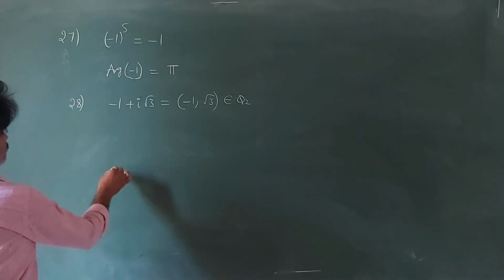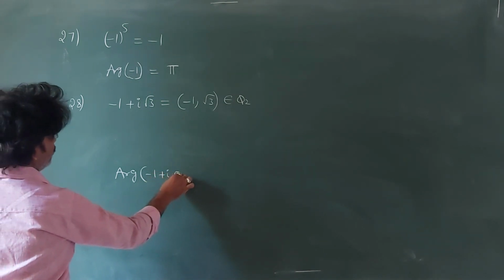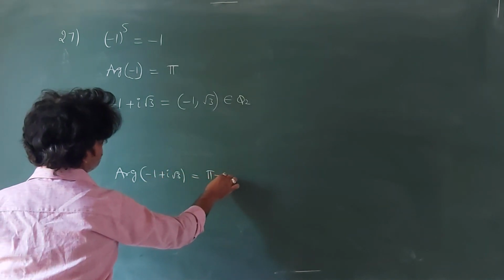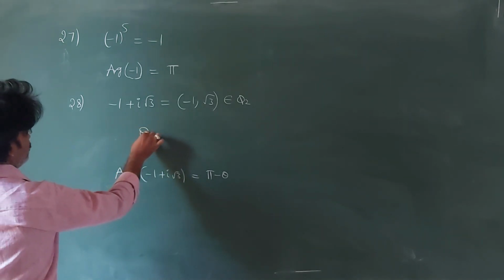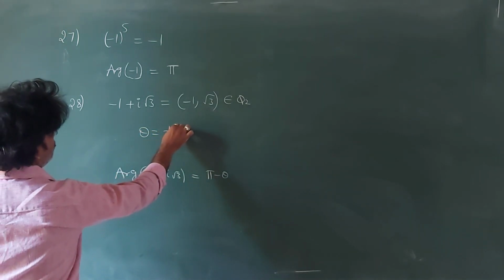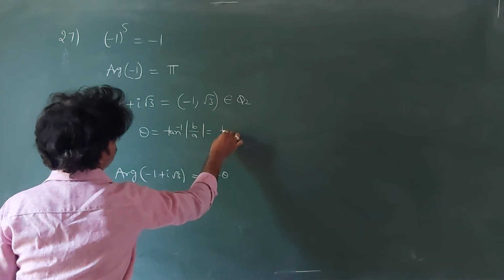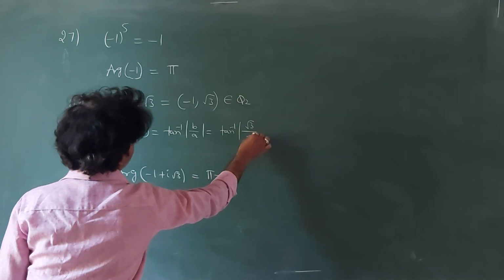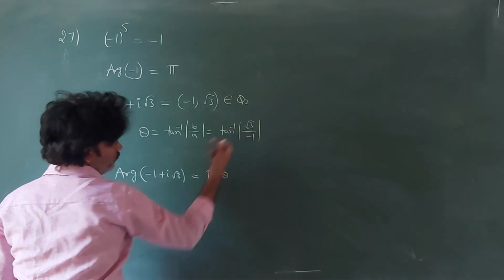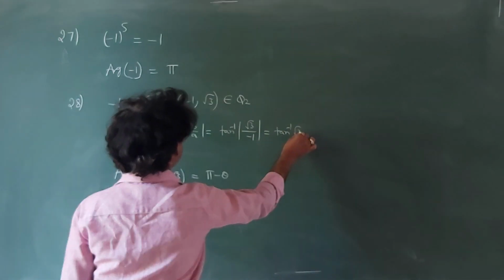If it lies in the second quadrant, then its argument formula is pi minus theta. But how do we find theta? First we have to find theta. So theta equals tan inverse of mod b by a. So tan inverse of b, which is root 3, and a is minus 1, but it is under modulus, so it is plus tan inverse root 3.